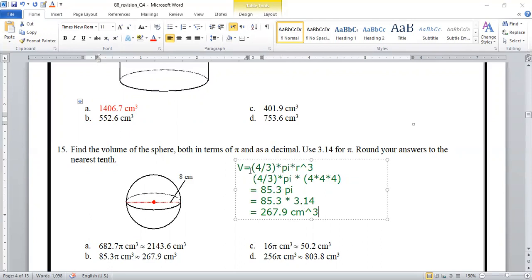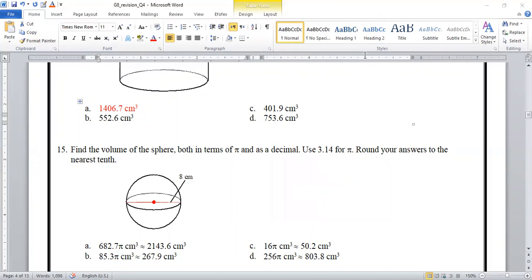Then the volume of the sphere in terms of pi is 85.3 pi. After substituting pi with 3.14, the volume is 267.9. So the true answer is number B.